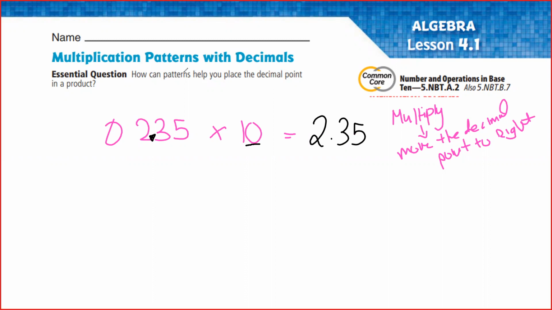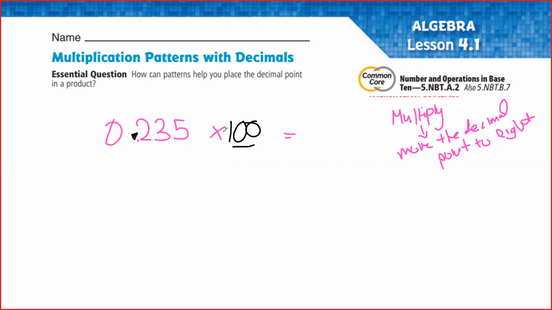Now, what can we do if we have the same number, but now we multiply by 100? How many zeros are in 100? We have 2 zeros. So first of all, you look.